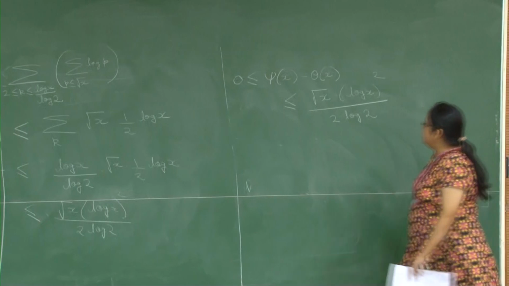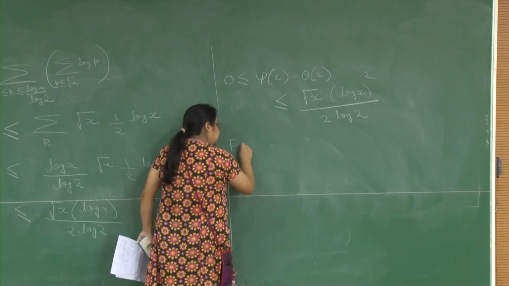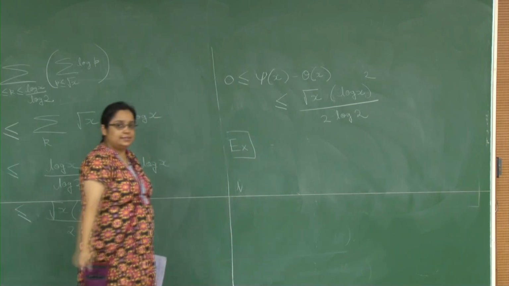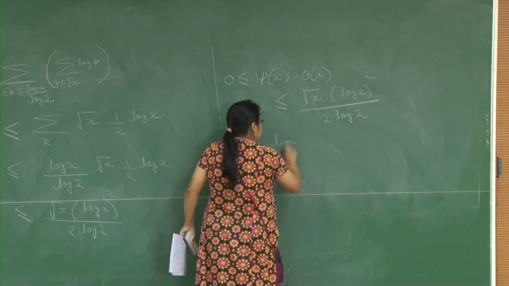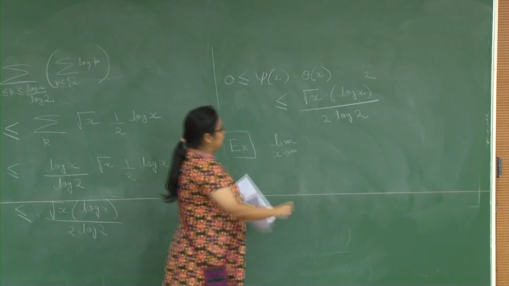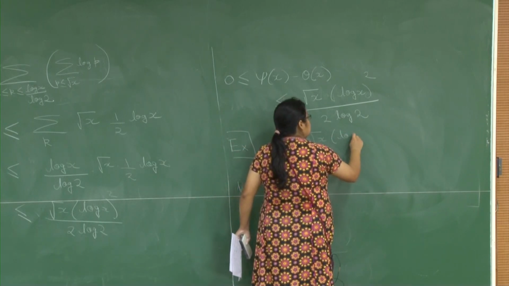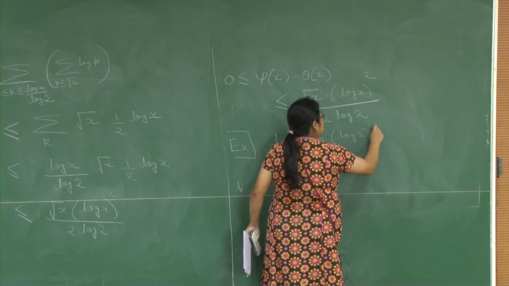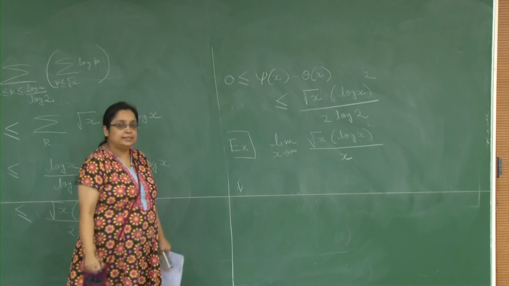So, what is happening now? Note that, here is an exercise. This is again from basic calculus. You can show that the limit as x goes to infinity of root x log x whole square over x is equal to 0.